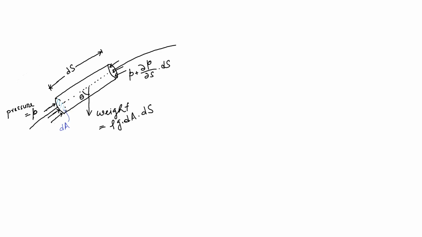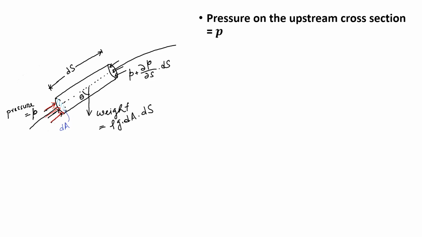So the pressure on the upstream cross section is taken as P. That is, this is the upstream cross section. Upstream means the direction from which water is flowing, and downstream means the direction to which water, or any fluid, is flowing. So here let's put the direction.